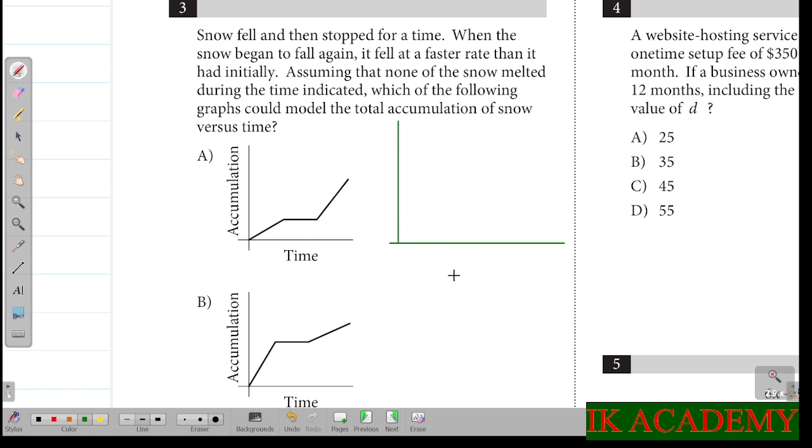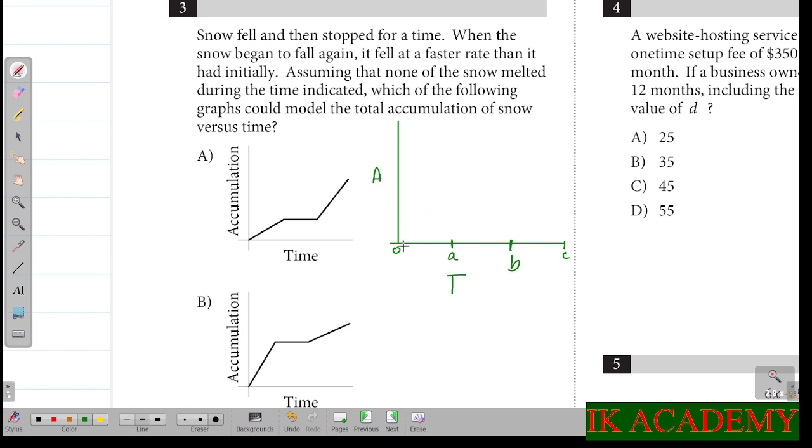I'm going to put time on the x-axis and make 3 different time periods. First from 0 to A, then A to B, this is the second period, then B to C, this is the third period. And on the y-axis I'm going to present accumulation of snow.